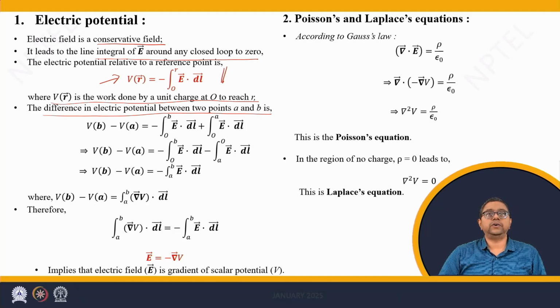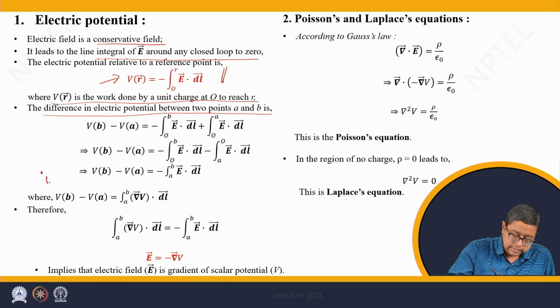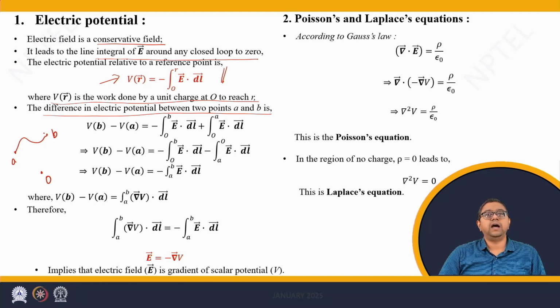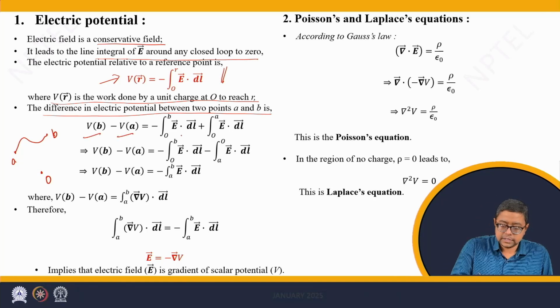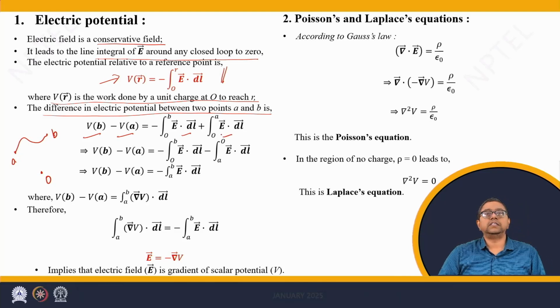Let us look into the electric potential as the difference between 2 points A and B. If A and B are as shown here with the location reference as O, we can have the electric potential at B and A given by this expression where the R is substituted by B and A respectively.